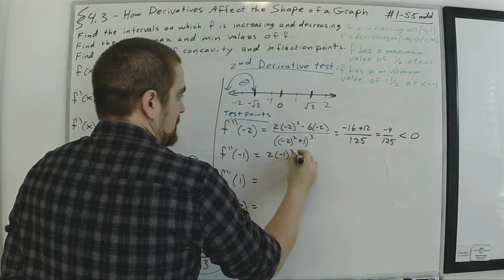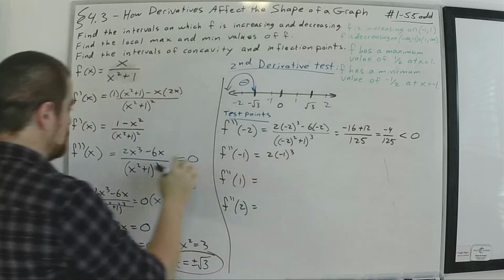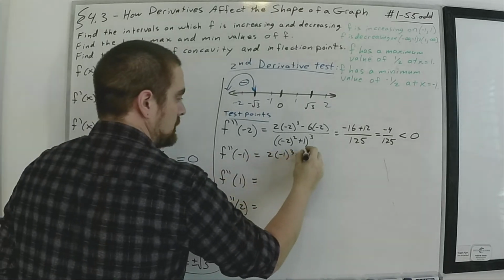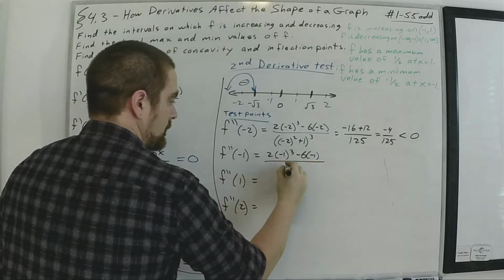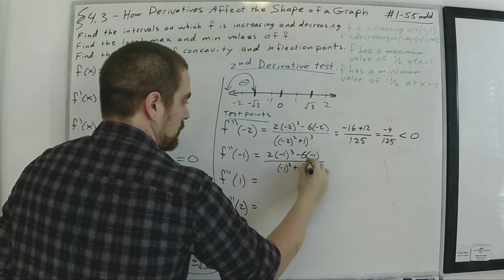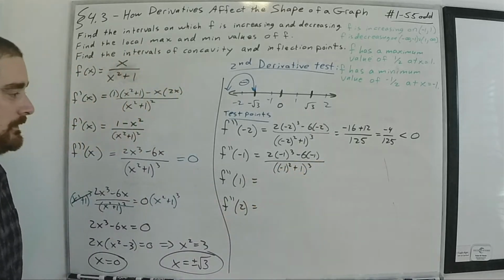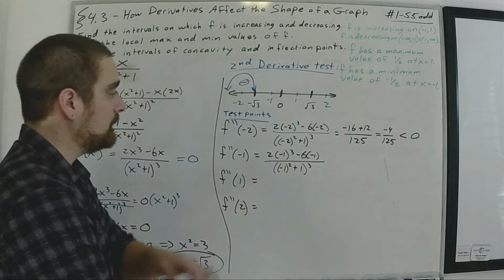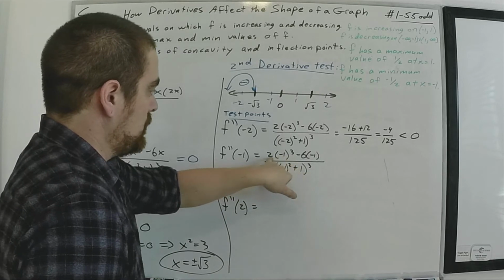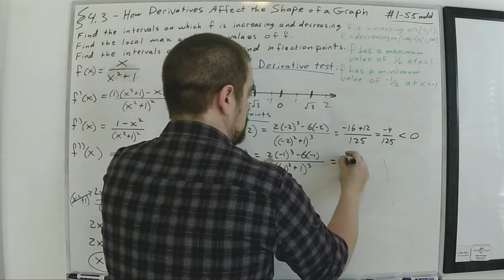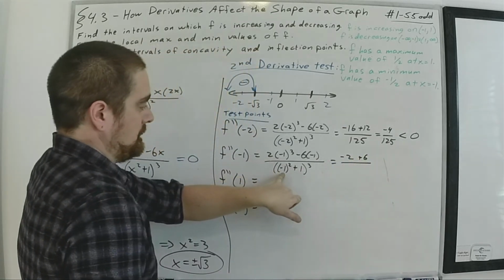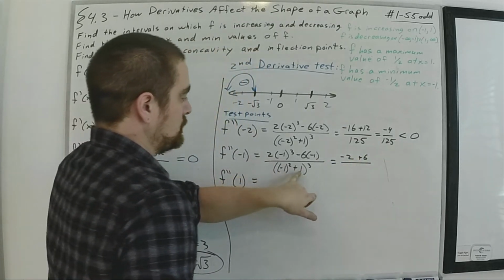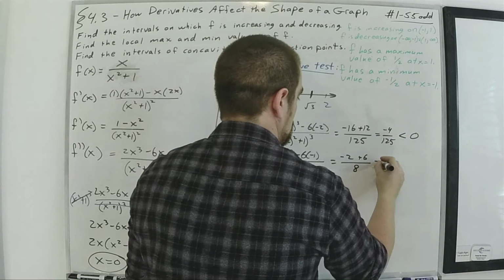Next, we'll test -1. So 2 times -1 cubed minus 6 times -1 over -1 squared plus 1 quantity cubed. Again, we'll just simplify this as best we can. -1 cubed is -1, so this gives me a -2 plus 6 in the numerator. -1 squared is 1, plus 1 is 2, 2 cubed is 8 in the denominator.